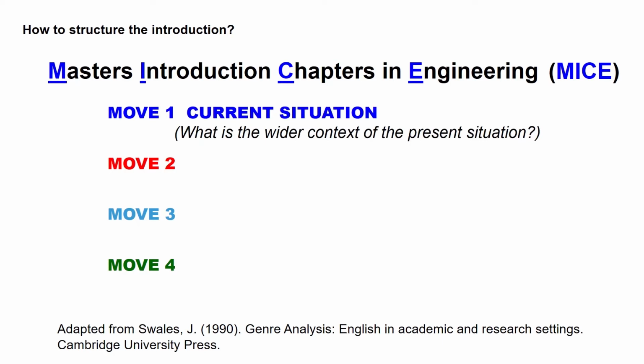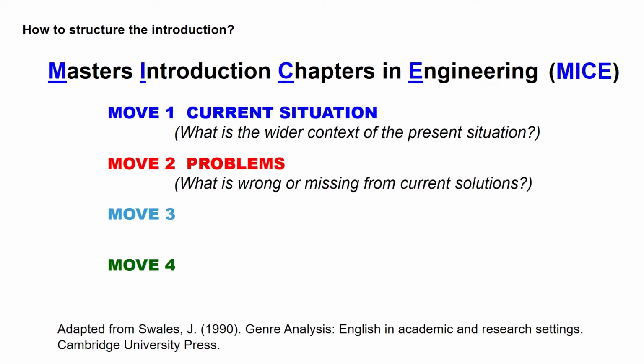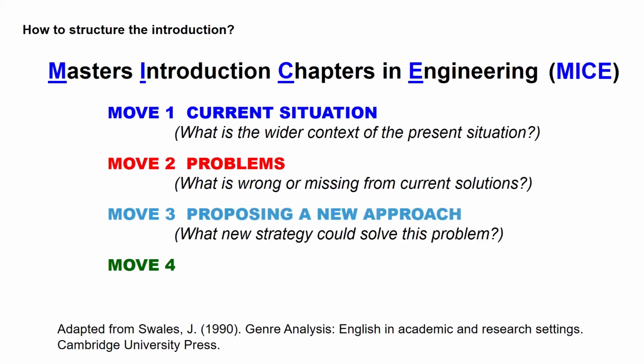Move 1, current situation, answers the question, what is the wider context of the present situation? Move 2, problems, answers the question, what is wrong or missing from current solutions? Move 3, proposing a new approach, our new move, will answer the question, what new strategy could solve this problem?